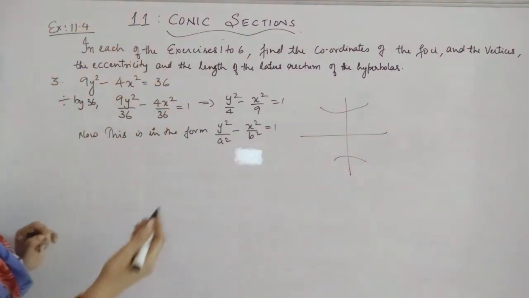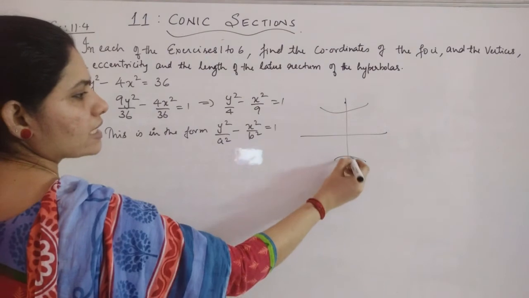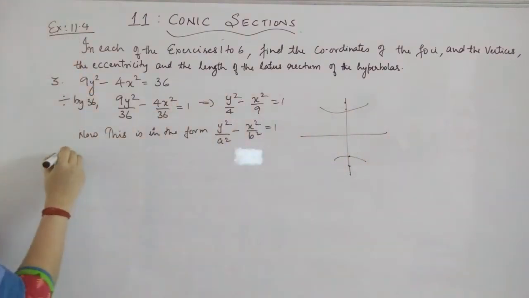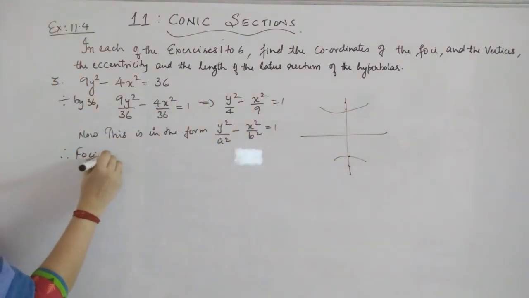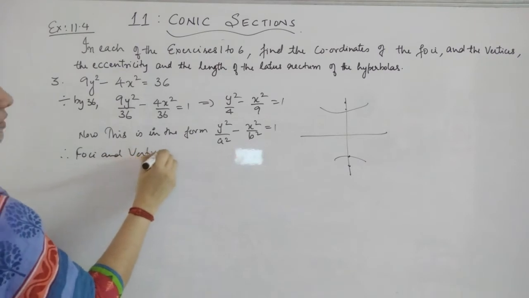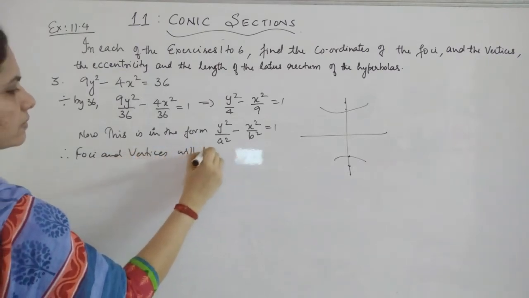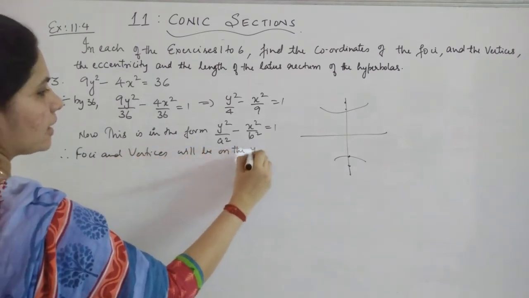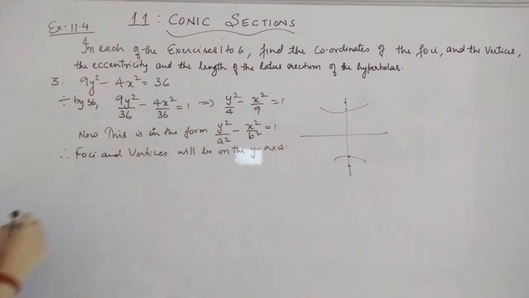On the y-axis you will have the foci as well as the vertices. Therefore the foci and vertices will be on the y-axis. So what will be the coordinates of the foci? We have to find out c, a and b, right?